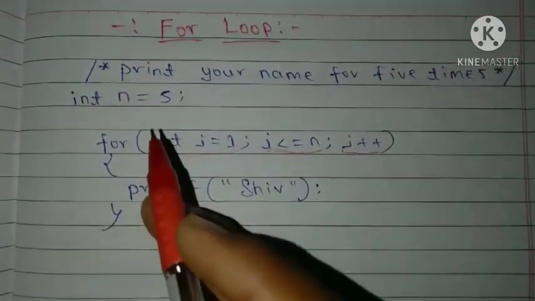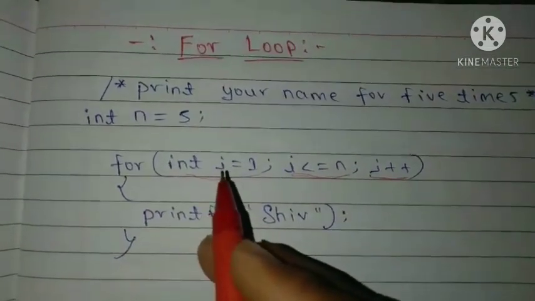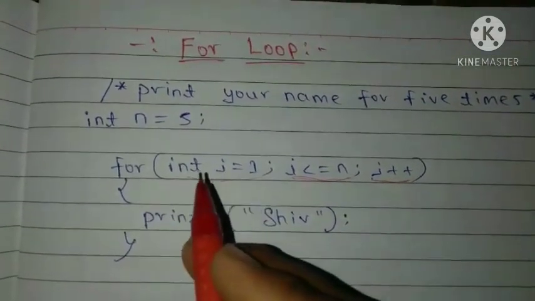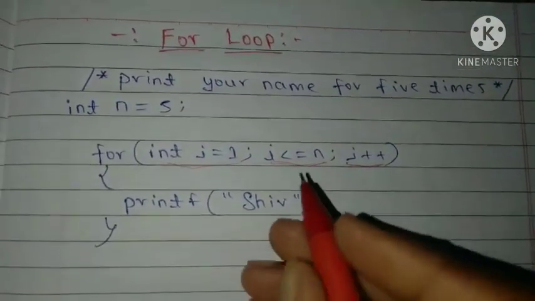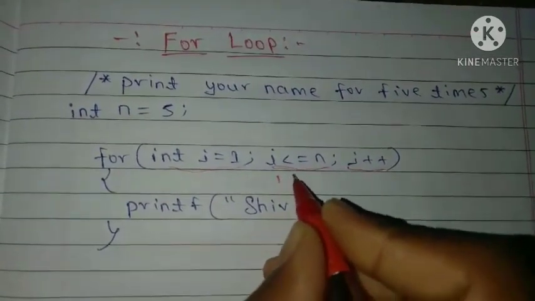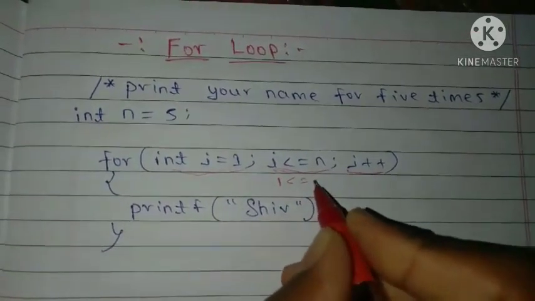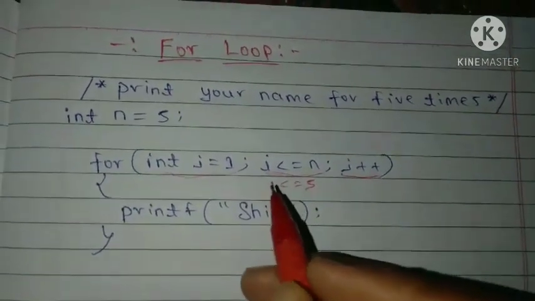When the control comes to this for loop, first it will check the initialization statement, and then it will check the condition. What is the i value here? The i value is 1, and the condition is i less than or equal to n. What is the n value? That is 5. Is 1 less than or equal to 5?